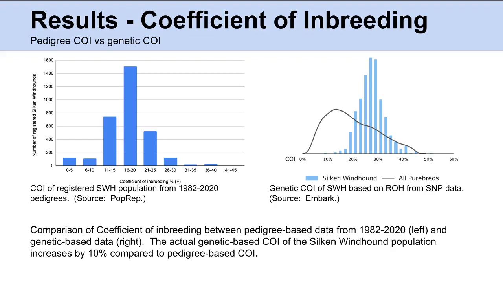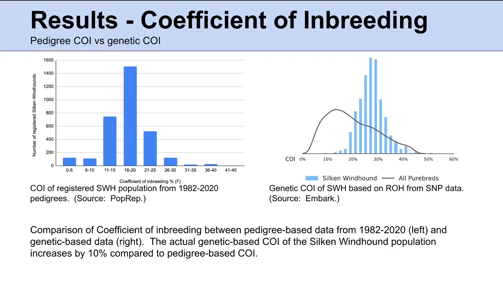And what we can see is that the actual genetic-based COI of Silken Windhounds, which is based on runs of homozygosity from SNP data, has a shift of at least 10% compared to the pedigree-based COI.